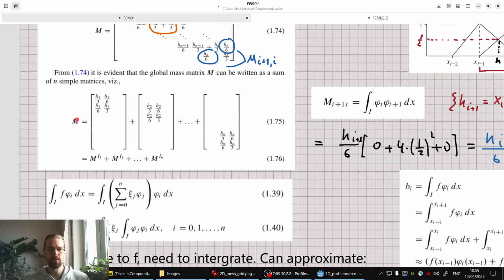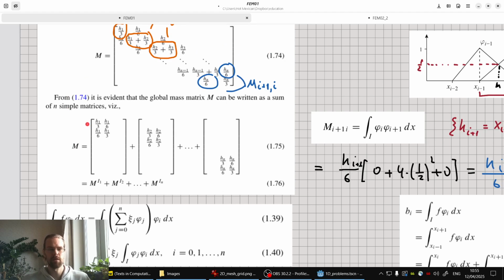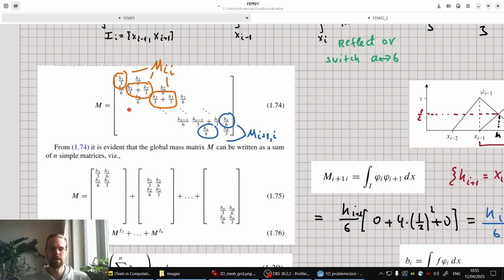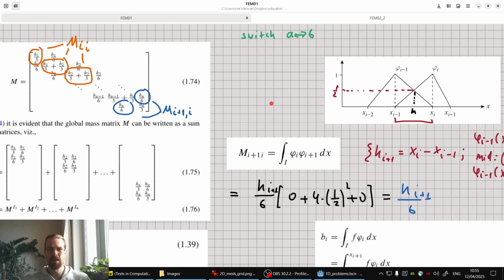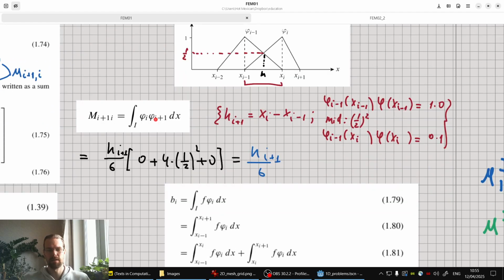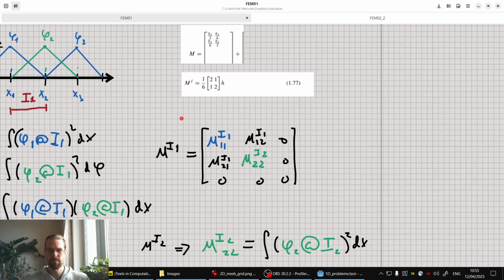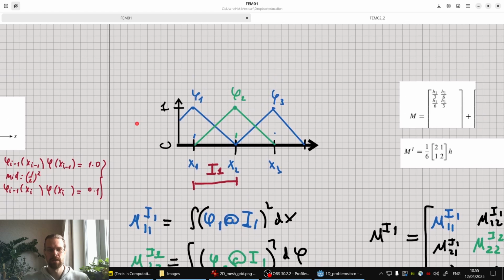And what the book notices is that we can decompose this matrix, in this one dimension, into a block matrix with 2 by 2 blocks, and then sum them together. I said, okay, it looks like a mathematically convenient trick, and it's not a trick, as I've realized. These blocks are related to our elements, so they have proper justification.